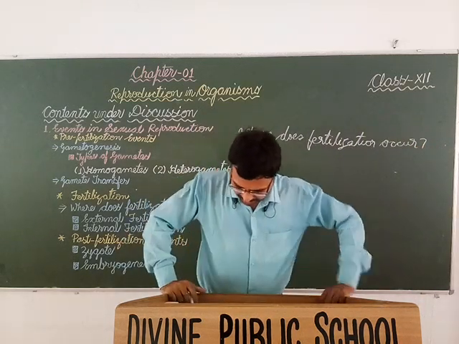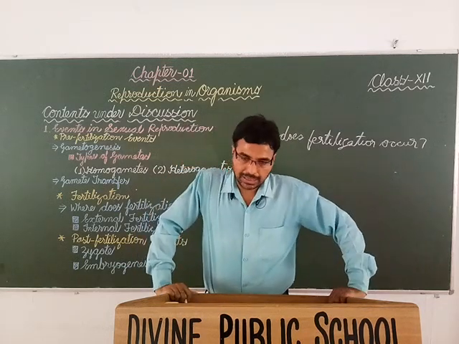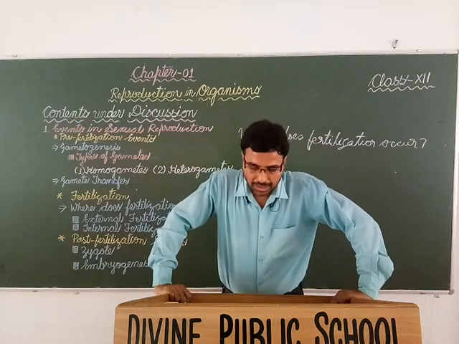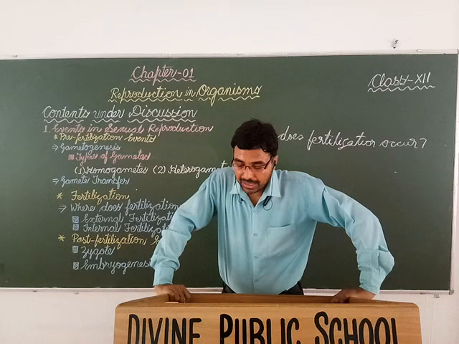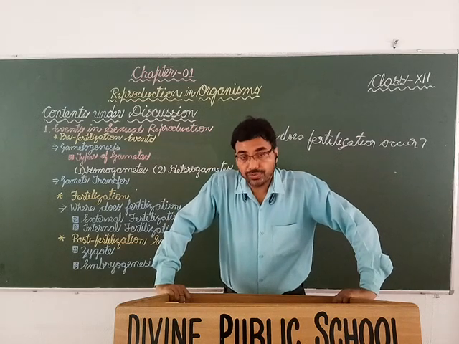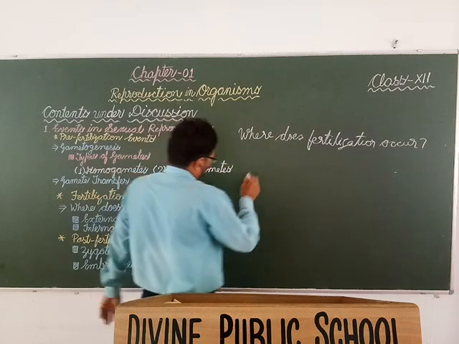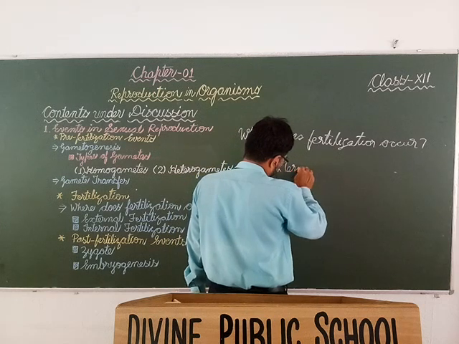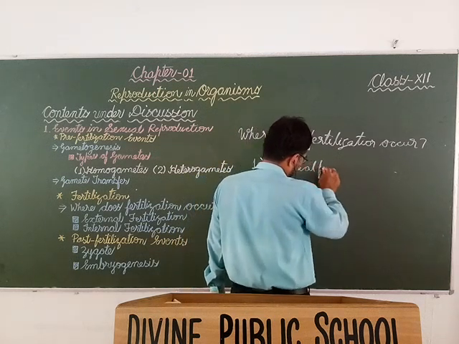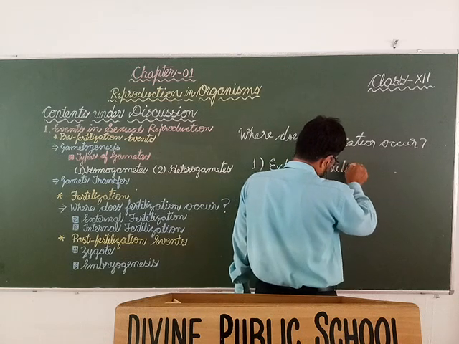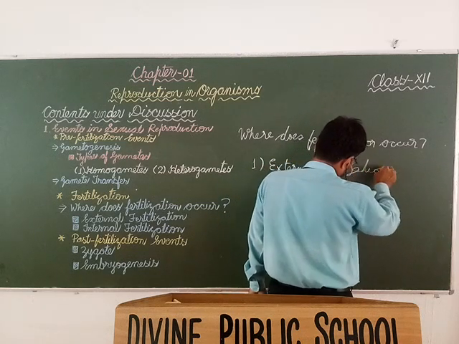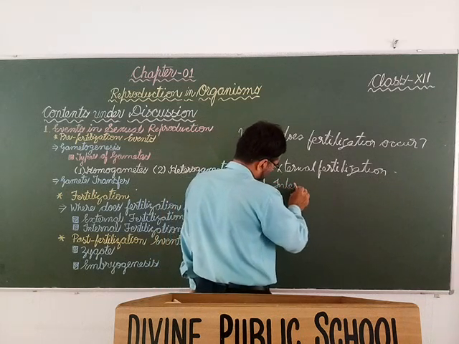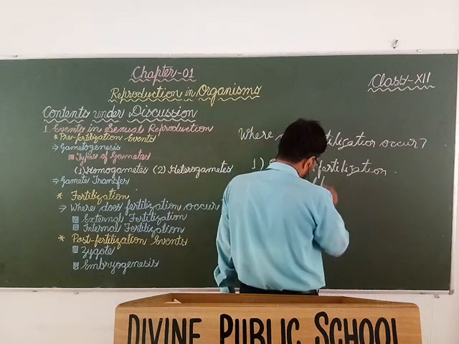Yes, students. Fertilization occurs either in an external medium, that is water, or inside the body of an organism. Accordingly, it is of two types. Number one, external fertilization, and number two, internal fertilization.